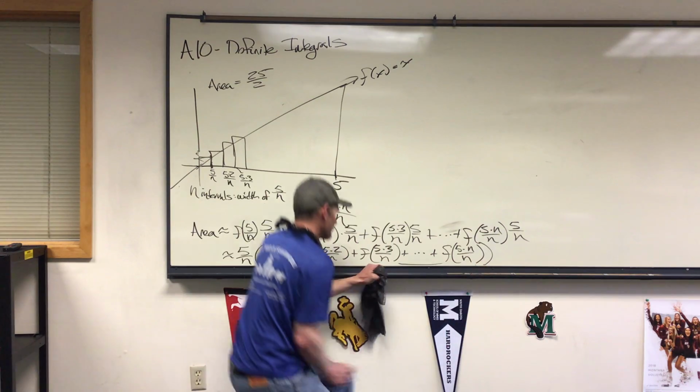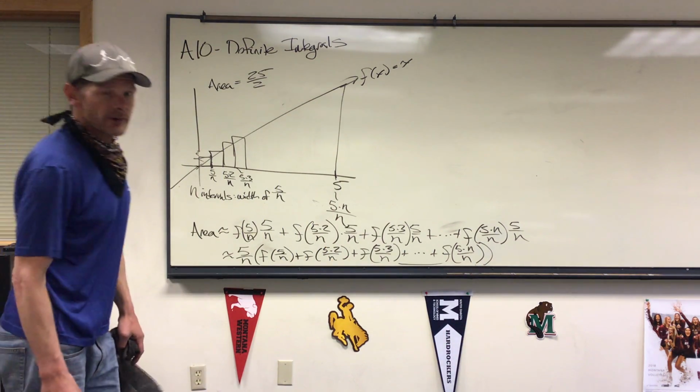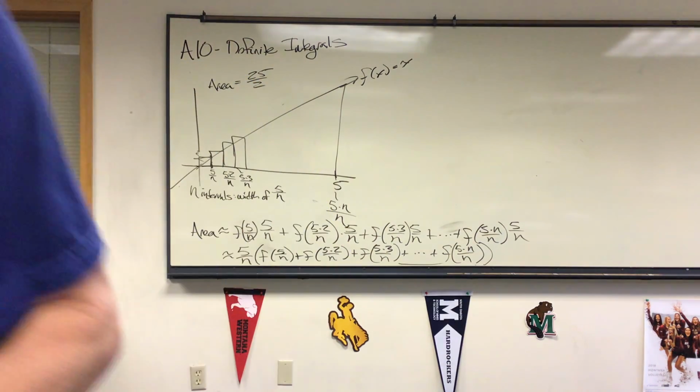And then I close my parentheses. Okay, so 5 over n is being multiplied by all of that.